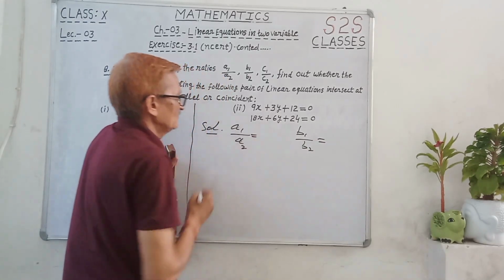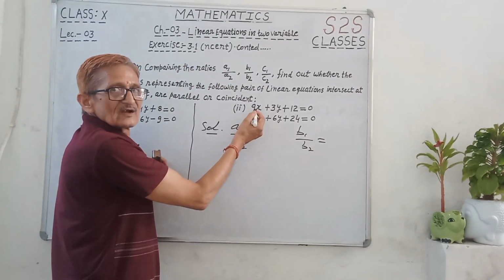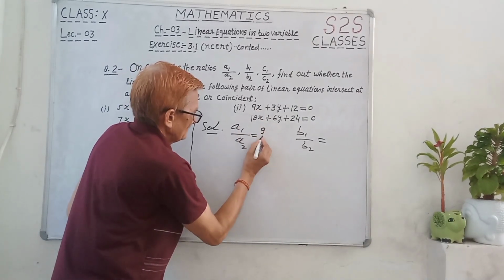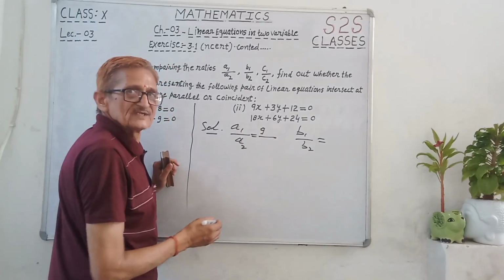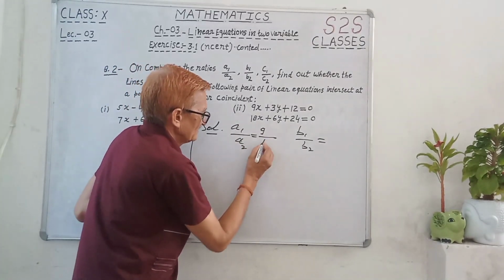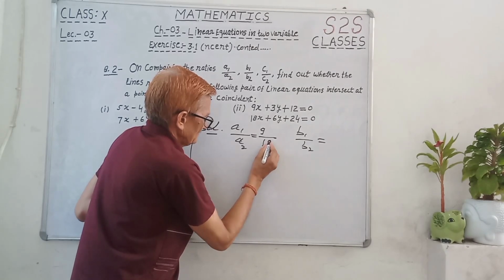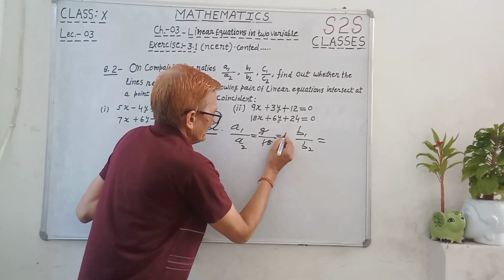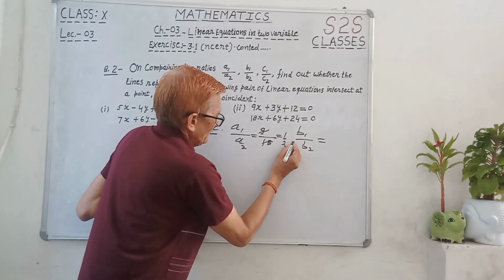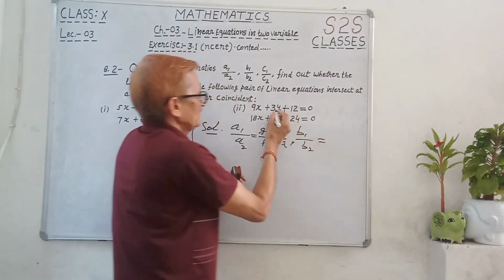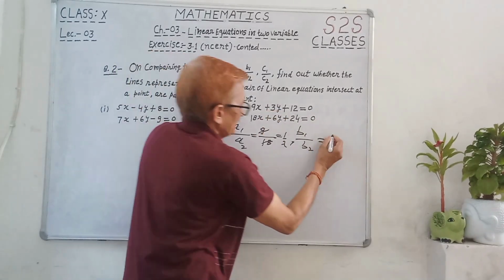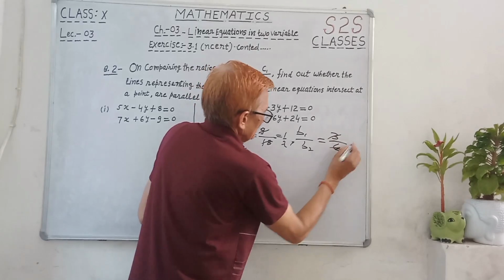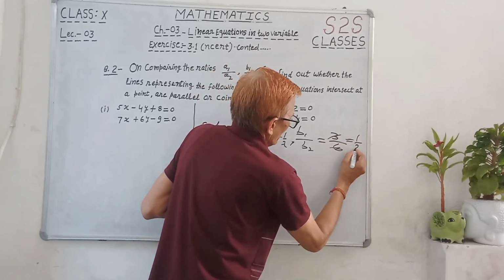A1 upon A2 value: A1 is the coefficient of x in the first equation, 9, upon A2, the coefficient of x in the second equation, 18. This is 1 upon 2. Okay. Now B1 upon B2: the coefficient of y in the first equation is 3 and B2 is 6. Then this is also 1 upon 2.